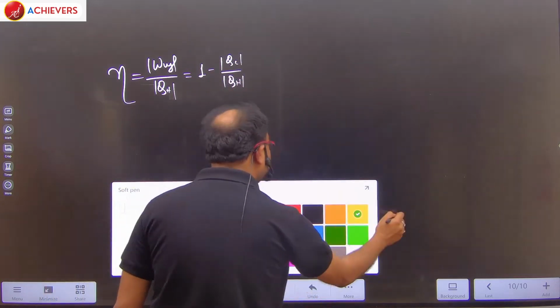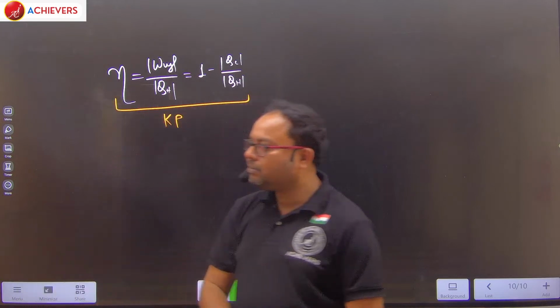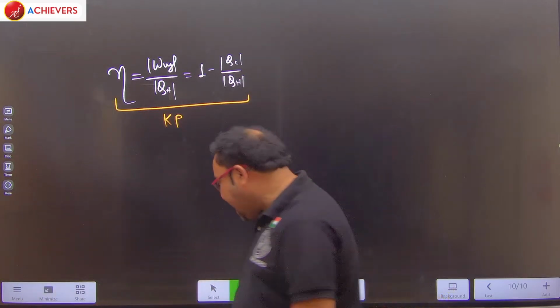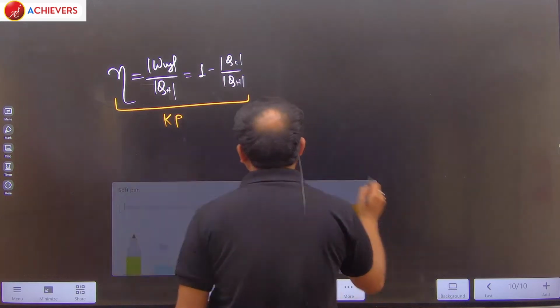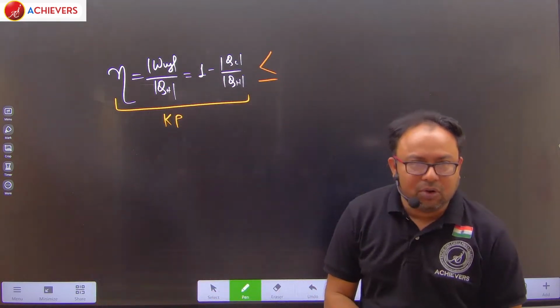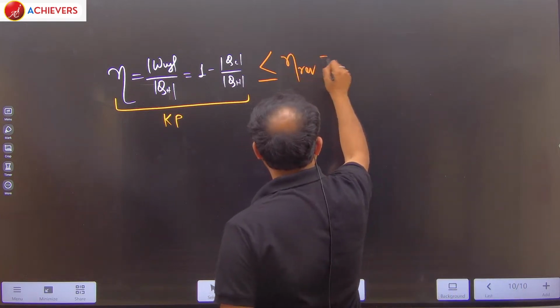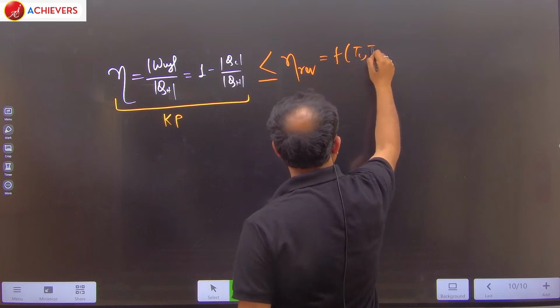This is what we obtain from the Kelvin-Planck statement. And we have shown that the general eta is either equal to or less than eta reversible, which is a function of Tc and Th.